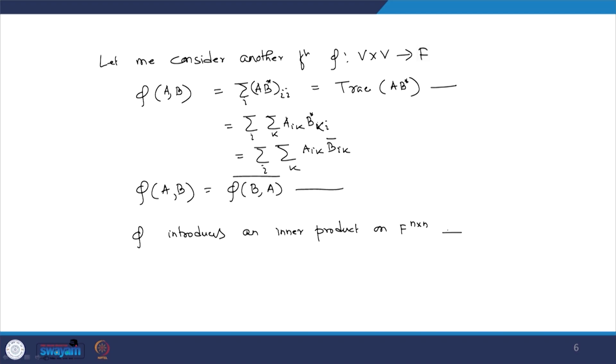So, we have taken the space as the space of all n cross n matrices, and we defined some inner products. Now, let me take some more examples on different spaces.